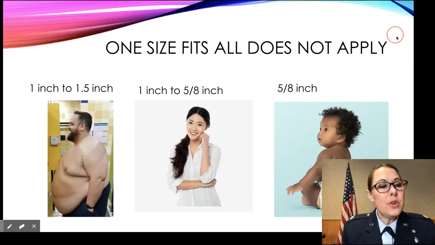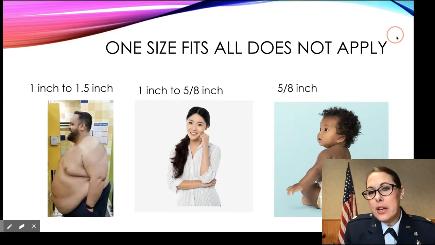And don't assume a one size fits all. While the guidance will say for an intramuscular that you want to use 1 inch to 1.5 inch, if you look at the baby and look at the young woman in the middle, I mean, clearly you're going to have to adjust it.